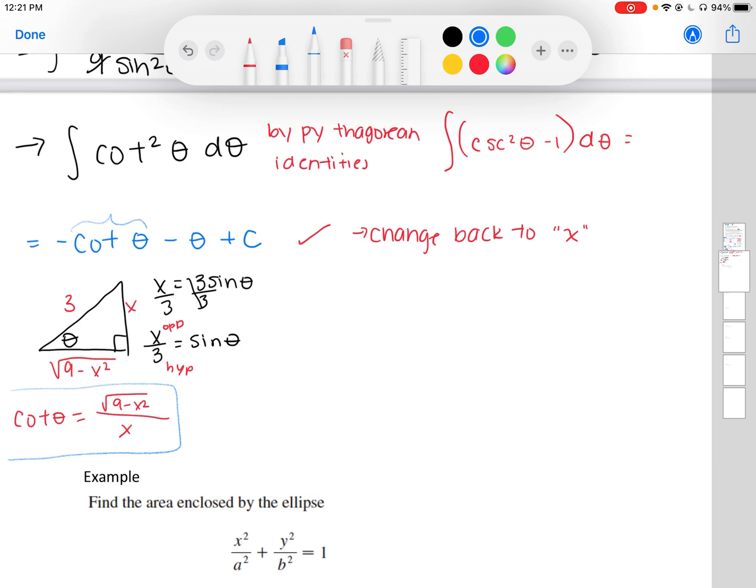But now we also need to find theta. So we need to take our argument that we created, x equals 3 sine theta, and solve for theta. Okay, let's do that. So we divide by 3, we have x over 3 equals sine theta. We take the inverse of both sides.